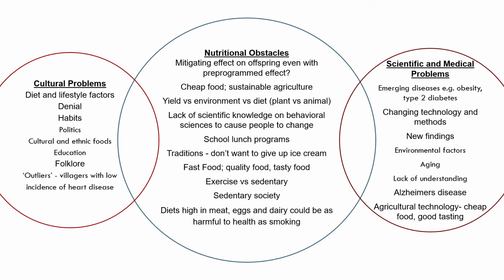The nutritional obstacles that we're seeing in our nation right now are quite complex, right? There are diets that are high in meat and eggs, and meat and eggs can be good if you're getting them from the right source and eating them perhaps in small amounts. But sedentary lifestyle, fast foods, the quality of the food, the habit of not wanting to give up foods that we're accustomed to.